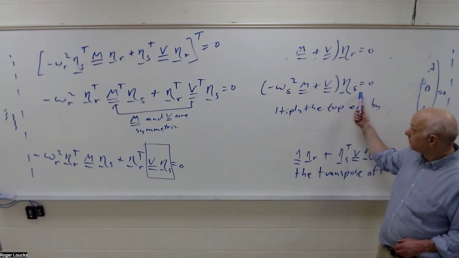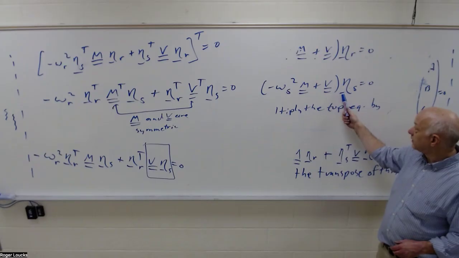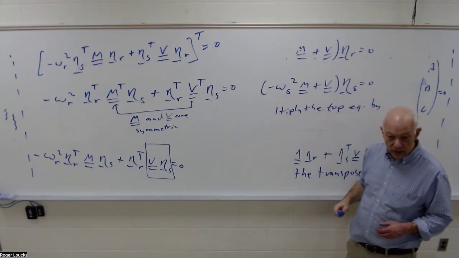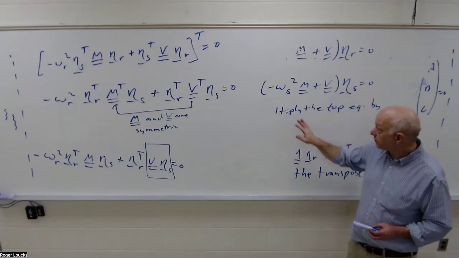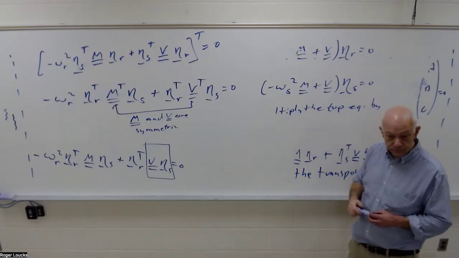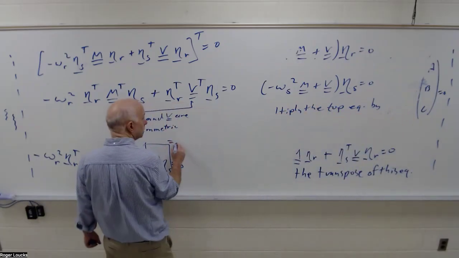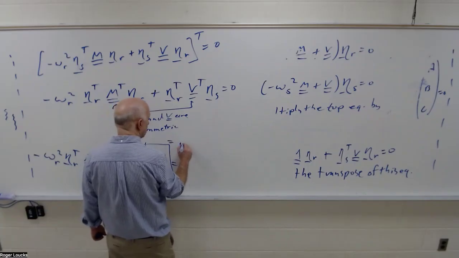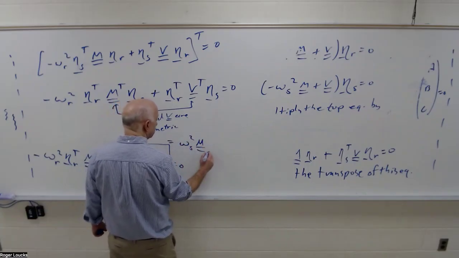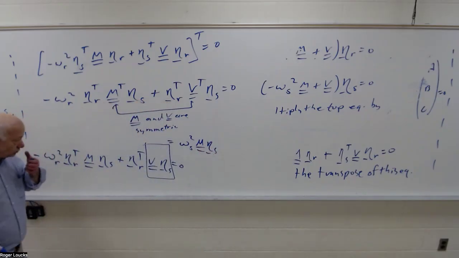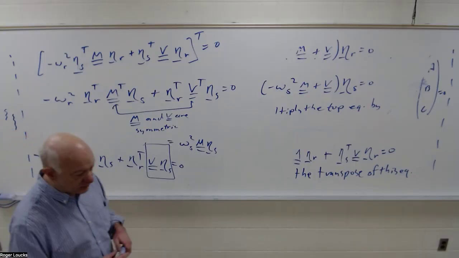So substitute that V double bar eta s equals positive omega s squared M double bar eta s, just by taking this to the other side. That makes sense? So this right here equals omega s squared M double bar eta s. Now let's put that in there and see what we get.